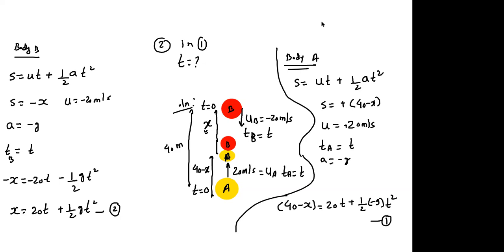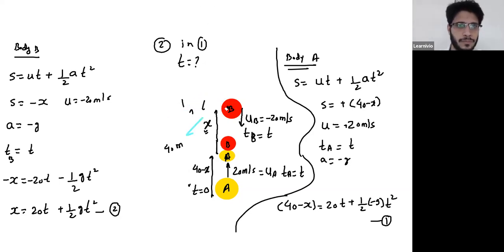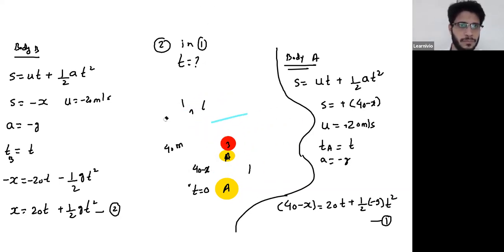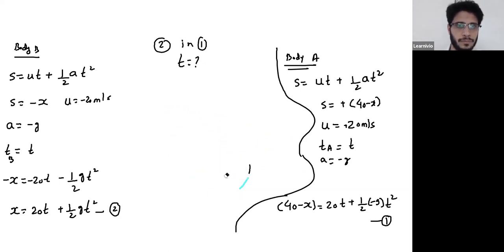Okay, if I substitute equation number 2 in 1, very good. So that's 40 minus x, which is 20t plus half gt square, which is 20t minus half gt square.